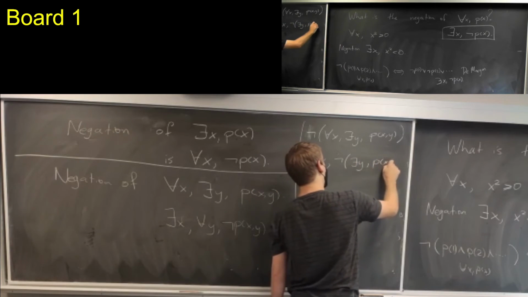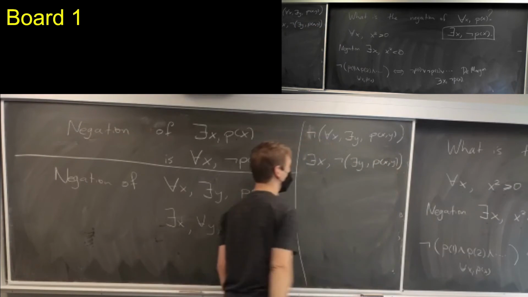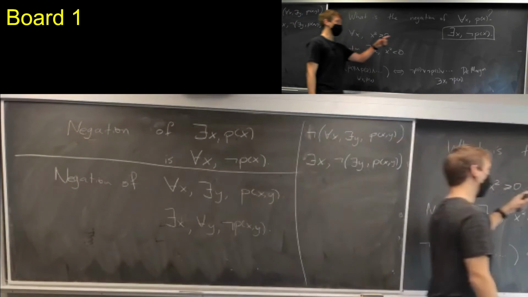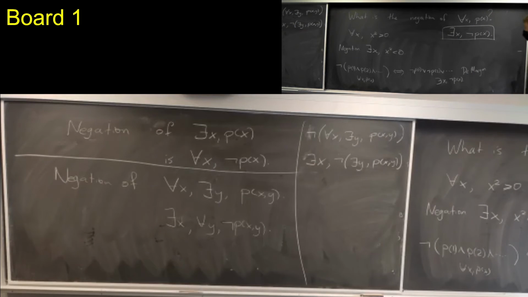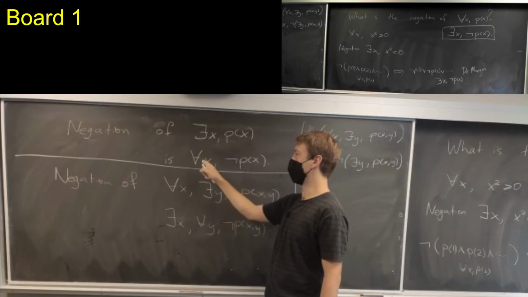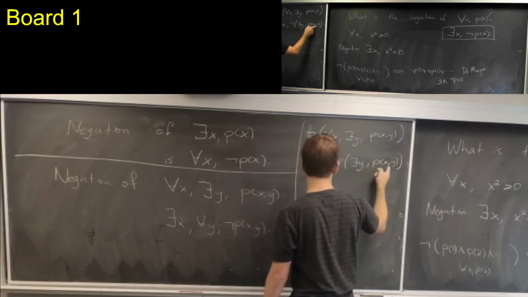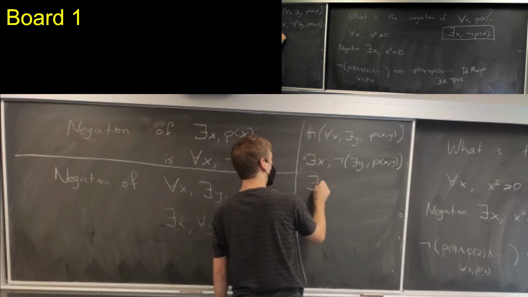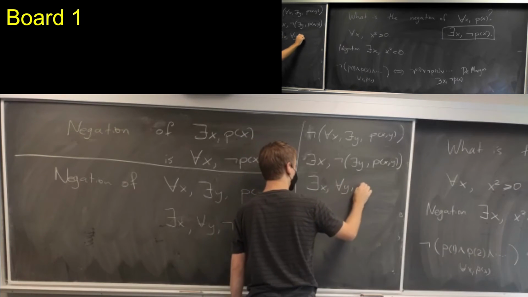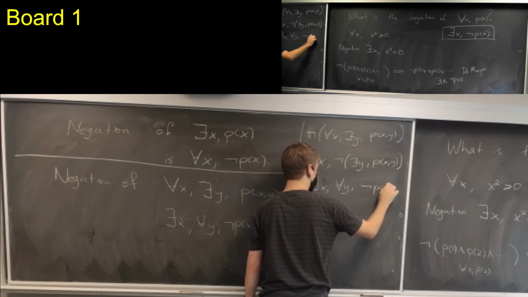I might just be making it more confusing now, but all I'm doing here is applying my rule. If you have a for all and you negate it, it turns to there exists, and then you negate the thing inside. Then if I apply the second rule, that when you negate there exists you get a for all and negate the thing inside, you get there exists x for all y not P(x,y).